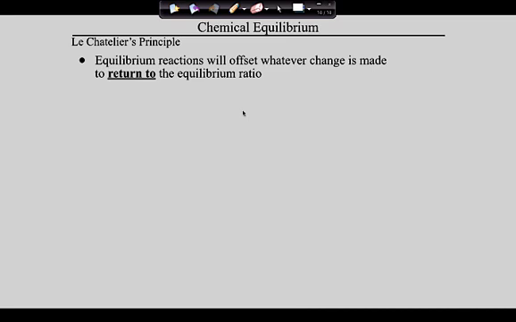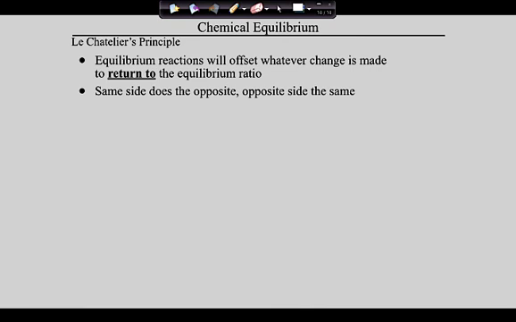This is what Le Chatelier's principle allows us to predict. It says that equilibrium reactions will offset whatever change we make in order to get back to equilibrium. Now, the thing that you've got to be able to do is predict what that's going to look like.